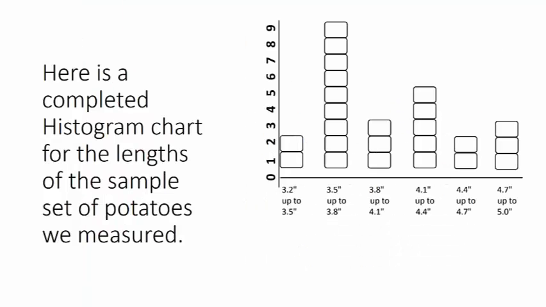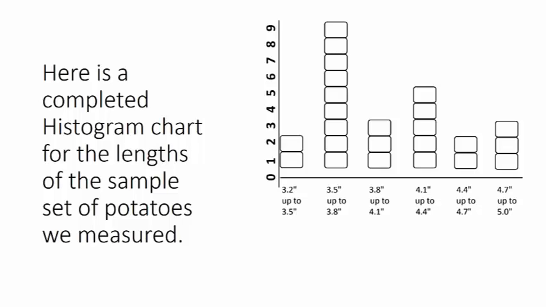So now I've turned it sideways, and you can see clearly by the height of those different bars how many potatoes from our sample set fell into those equally spaced ranges. So this is basically what we call a completed histogram chart for the lengths of the sample set of potatoes that we measured. Remember that each of those bars represents an equal range of lengths.